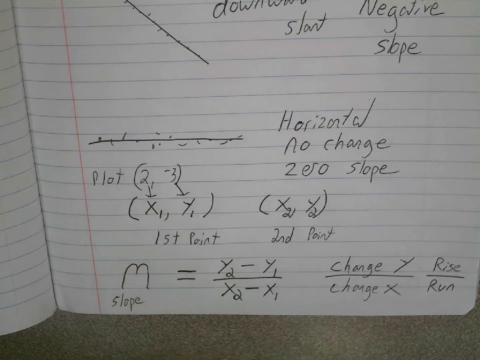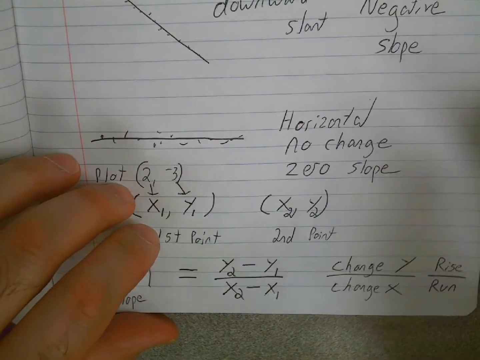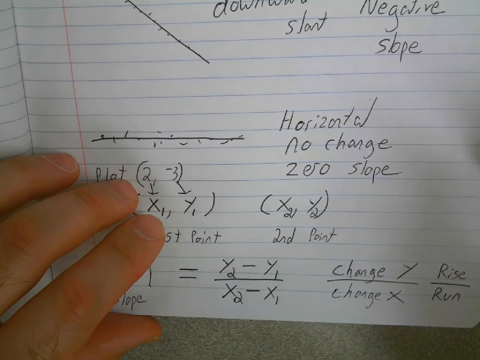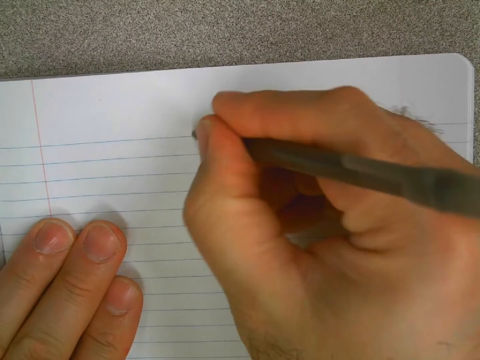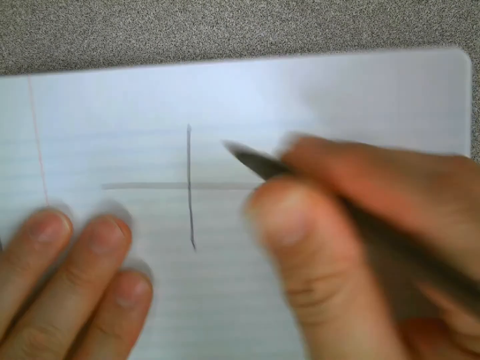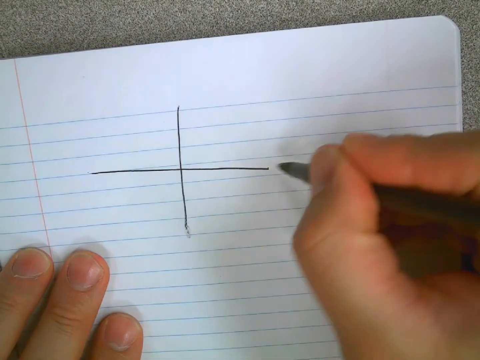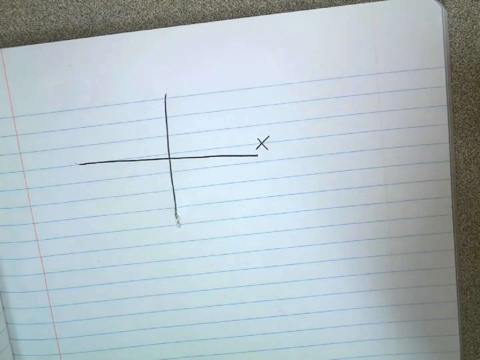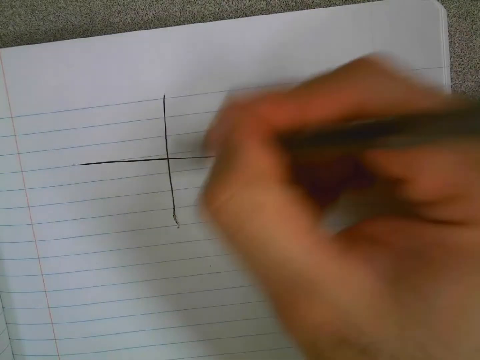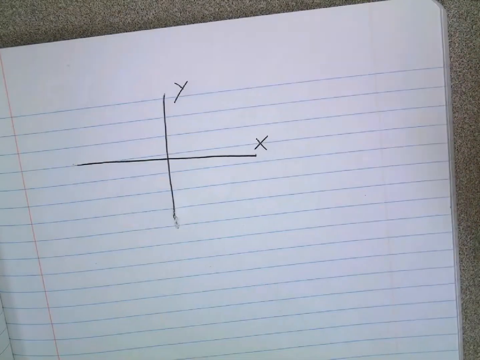All right? So let's look at the change of slope between 2 points. So here on the next sheet, I'm just going to draw a little coordinate plane. My x is from left to right. This is my x-axis, just as a review. Up and down, here's my y-axis, right?